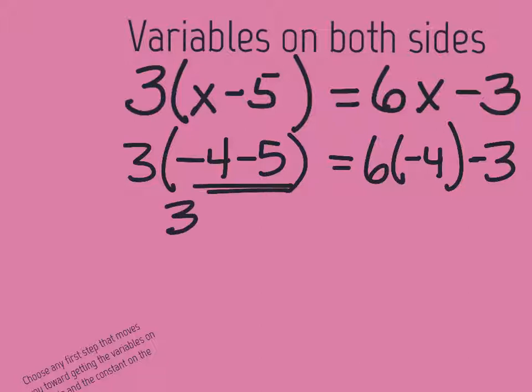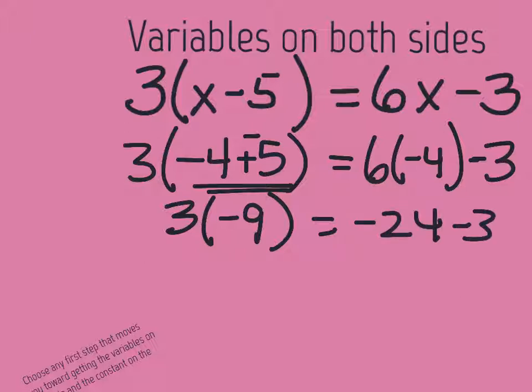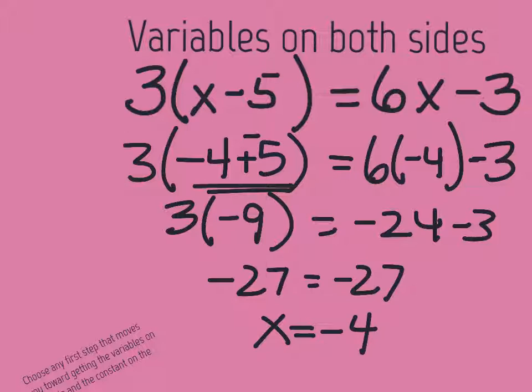We get 3 times negative 4 minus 5. Negative 4 plus negative 5, negative 9. 9 times 3 is negative 27. 6 times negative 4 is negative 24 minus 3. Negative 24 minus 3 is negative 27. X is negative 4. There you go.